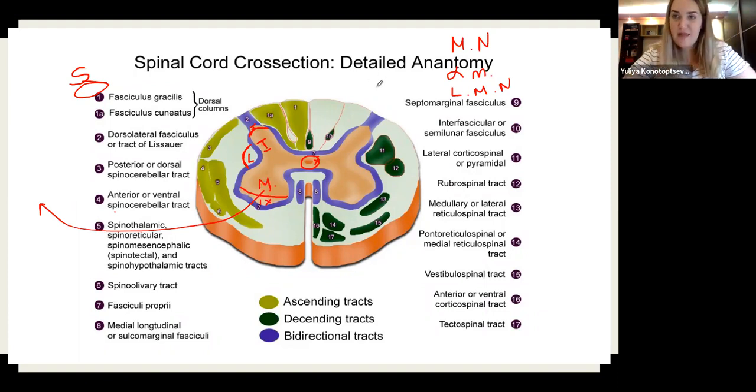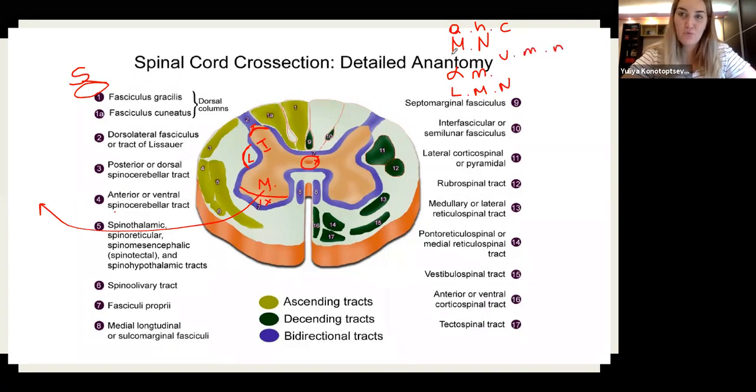There's an additional name, anterior horn cell. Anterior horn cell. The same thing. And there's one more. Ventral motor neuron.